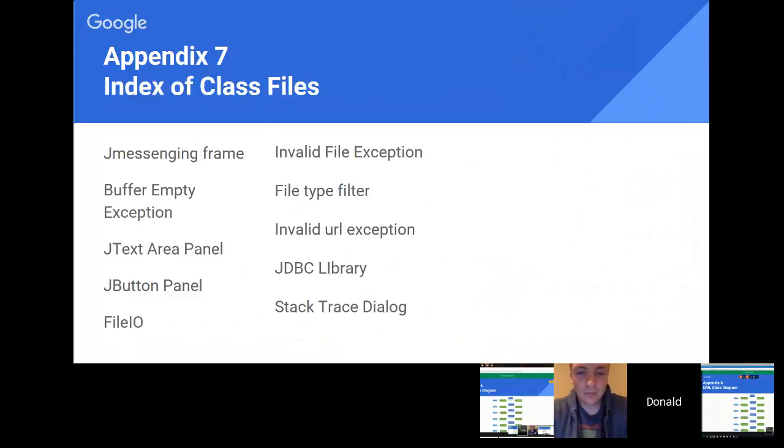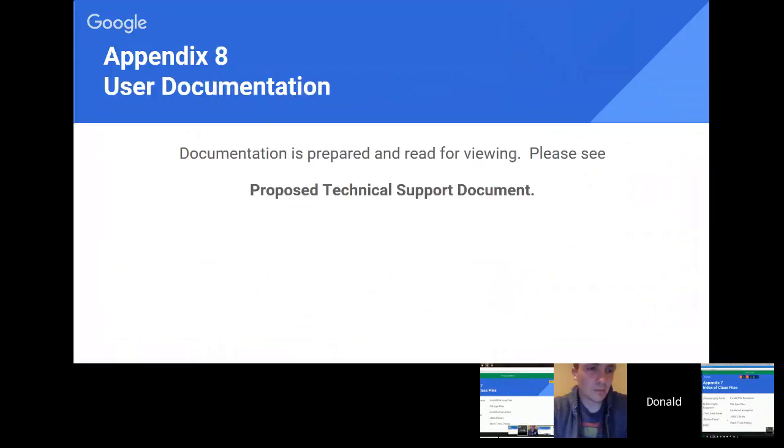On our next slide, we just list basically all the class files that we have and just have an index there for reference and for our developers. Fairly straightforward there.